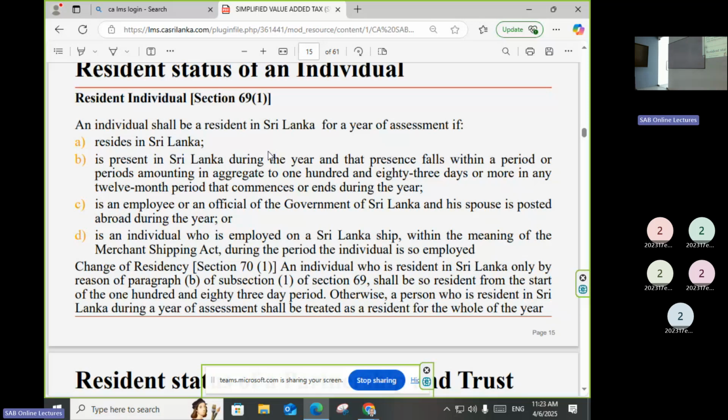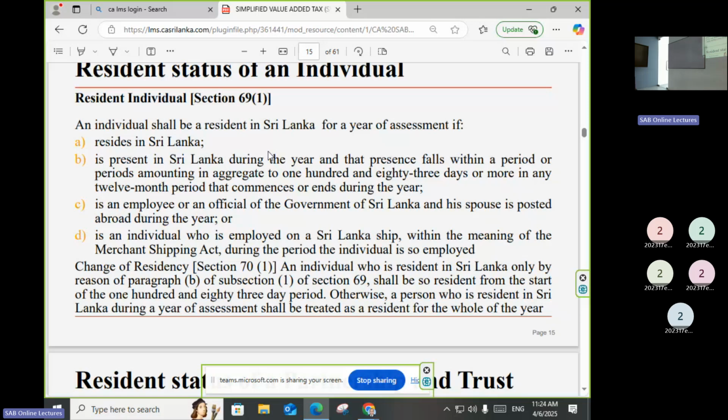Then, an employee or an official of the government of Sri Lanka, and his spouse, is posted abroad during the year. That is especially applicable to officials of the government. That means on behalf of the Sri Lanka government, they are employed outside Sri Lanka.